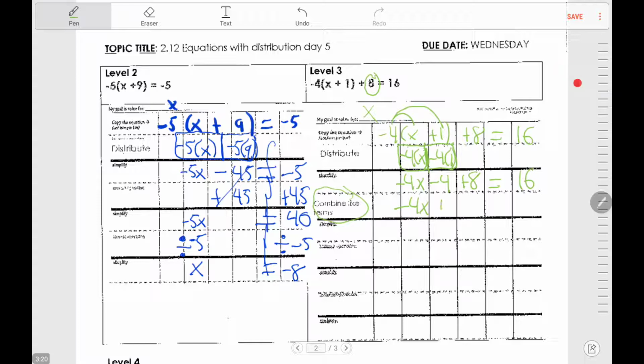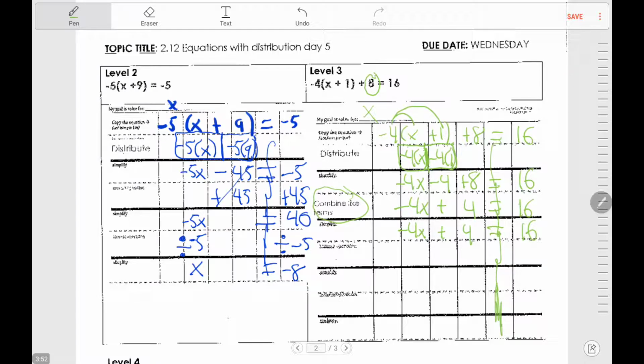It is 4. -4x plus 4 equals 16. Okay, so -4x plus 4 equals 16.